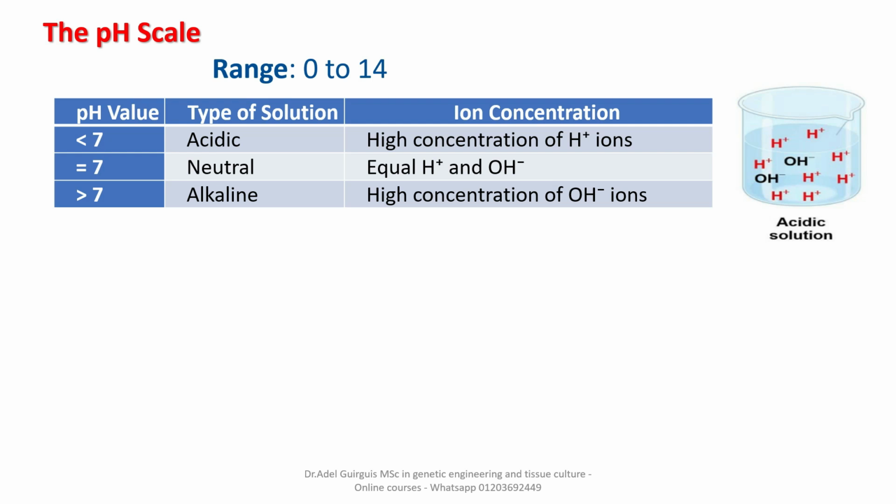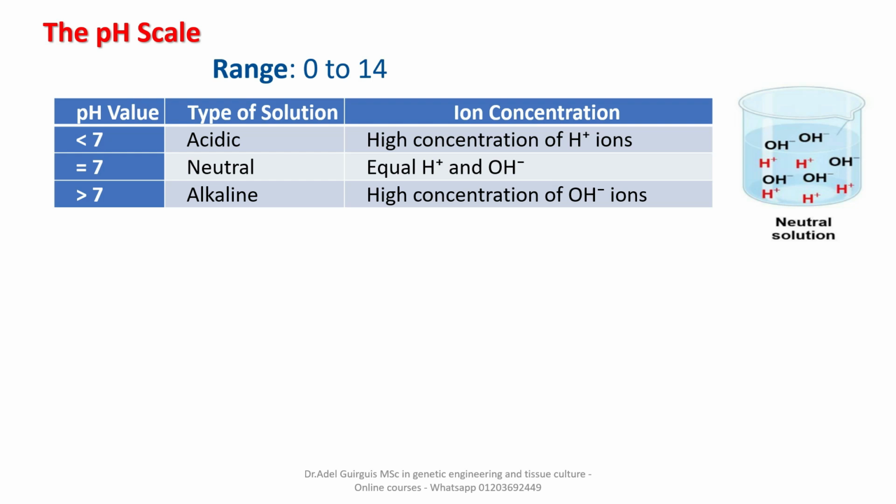If the pH value equals 7, it's neutral, like distilled water or pure water, with equal concentrations of protons and hydroxyl ions. Look at the figure. The beaker contains 5 positive protons, 5 H plus, and 5 negatively charged hydroxyl ions, 5 OH minus.